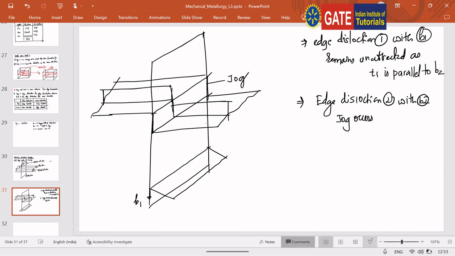The jog in the edge dislocation is of edge character, and the length of the jog is equal to the magnitude of the Burgers vector of the first dislocation. So that is where B1 comes into play.